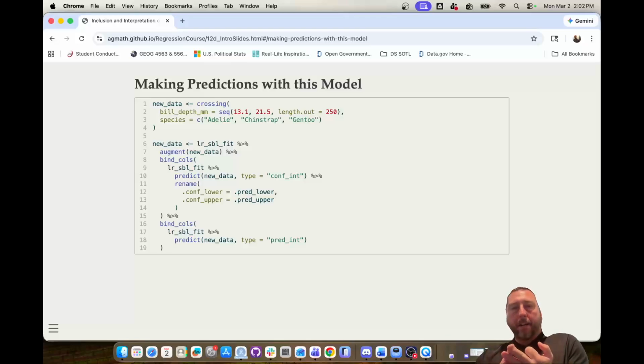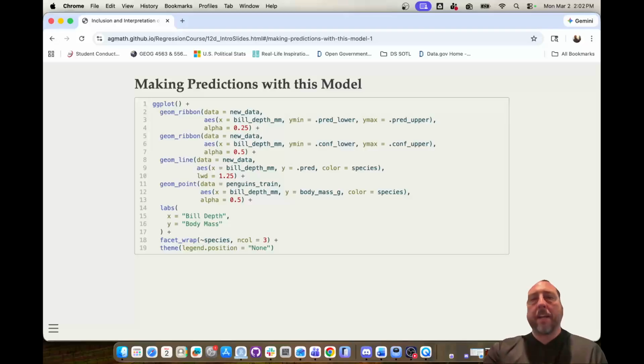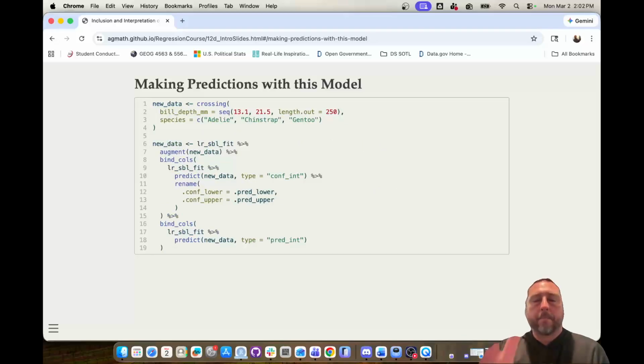And I'm going to get prediction interval bounds for individual penguins of each species at each build depth. And so now we can plot that. I've created this data frame of predictions. It contains 3 things that I'd like to plot: the model predictions, the confidence bounds, and the prediction interval bounds.